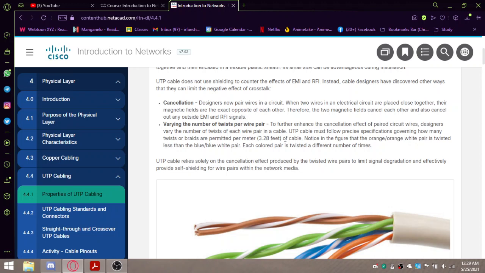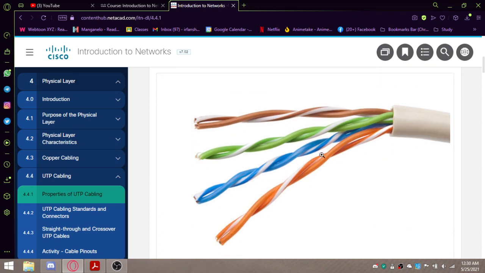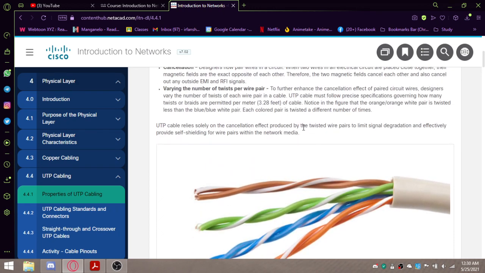Notice in the figure that the orange-white pair is twisted less than the others. Why do they do that?